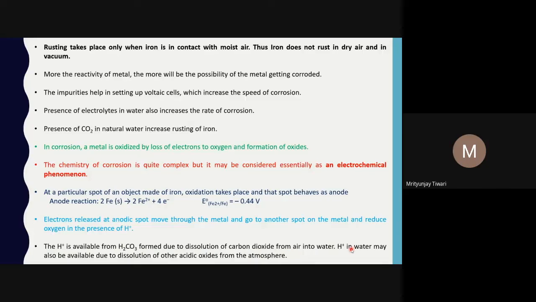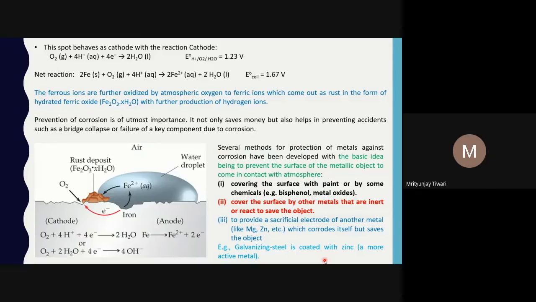These H+ ions in water may also be available due to dissolution of other acidic oxides from the atmosphere, like SO2, SO3, N2O3, NO2, N2O5. These oxides, when they react with water, form acids, and so H+ may also be available from those acids.